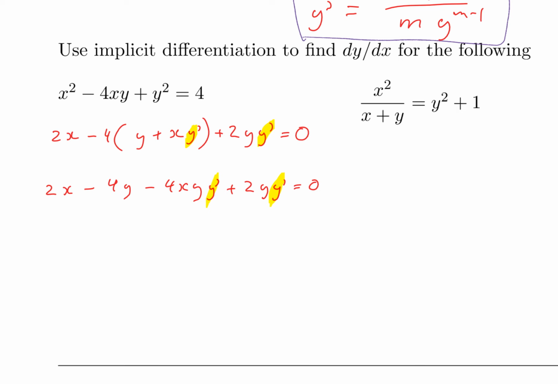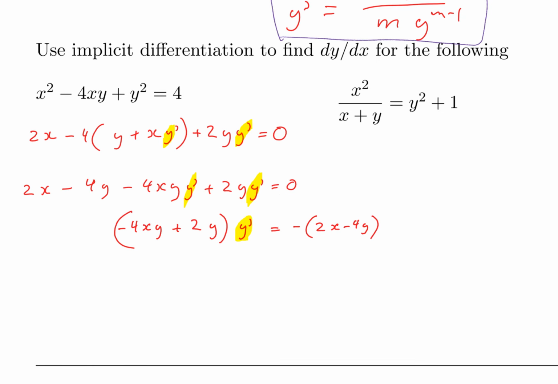And so here you see we've distributed this -4, and now all we have to do is solve for y prime. So we're going to just simply grab this guy here and send him on over. Alright, so you see we've moved this guy over. Notice we have a negative sign here, and we've also factored out the y prime, and so now all we have to do is divide through.